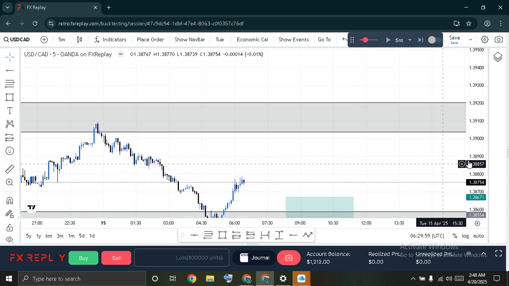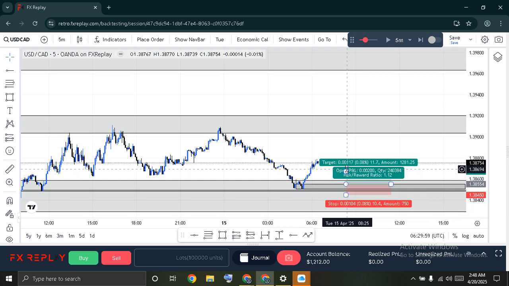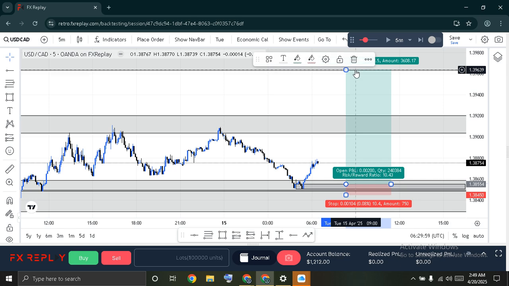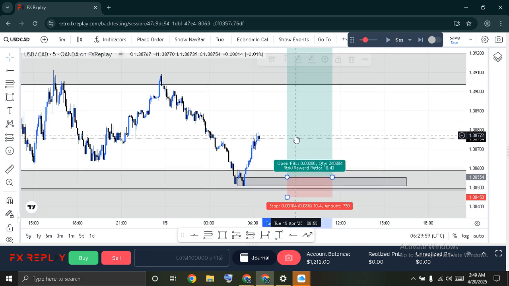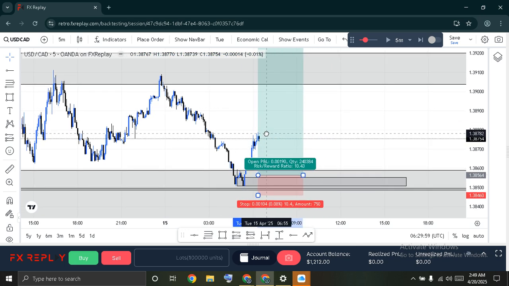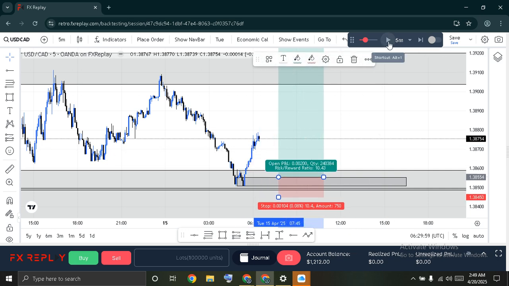My target was this H1 supply zone here. It was like 10 hour. Cool. So with that in mind, I want price to come react over here.